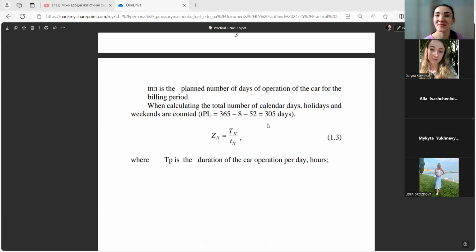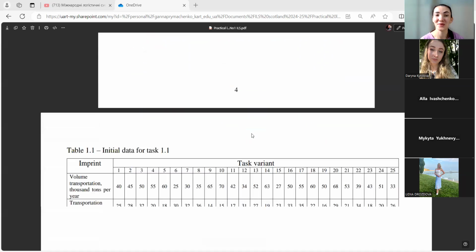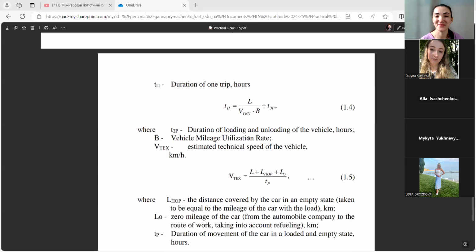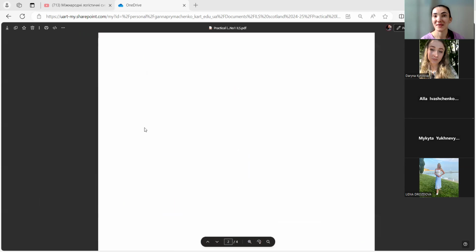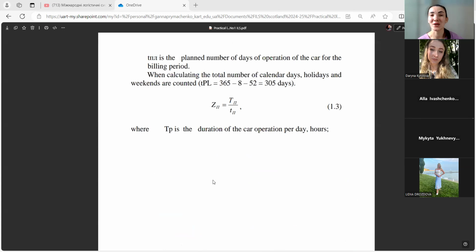Because the lower index we just calculated in formula 1.4, and 305 days is used in the next formula. Thank you. So we can see, yes, you are right, to use it in our formula 1.4. So we use it here. You are very careful.